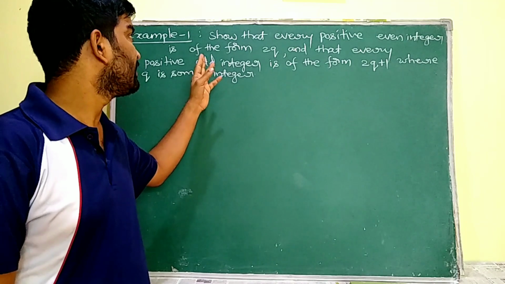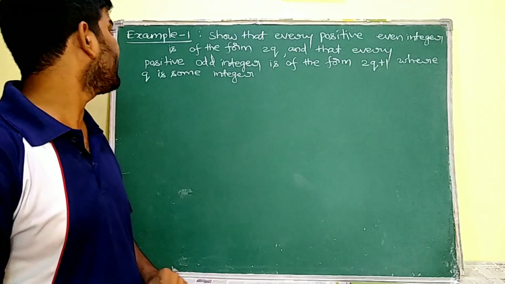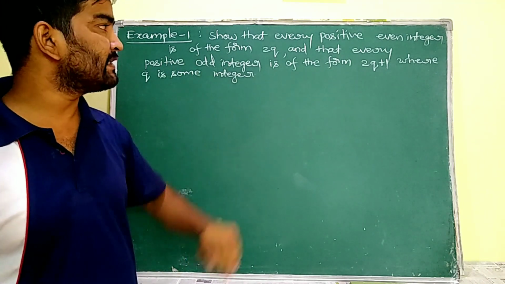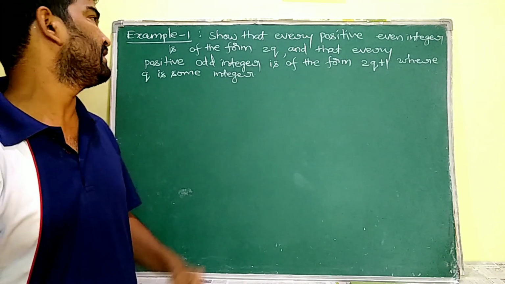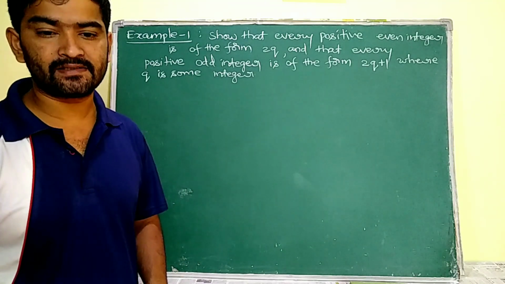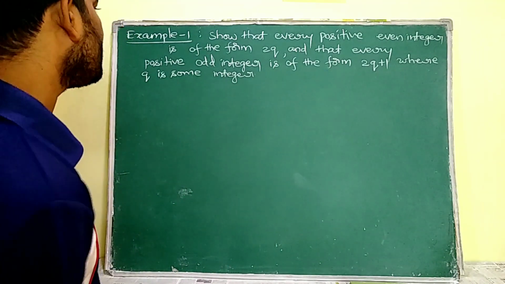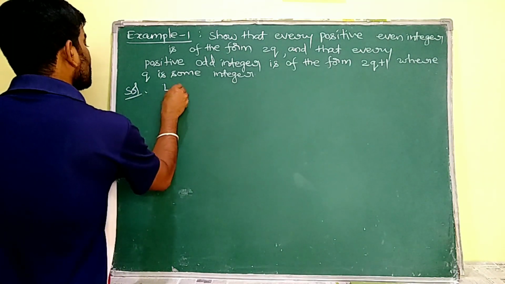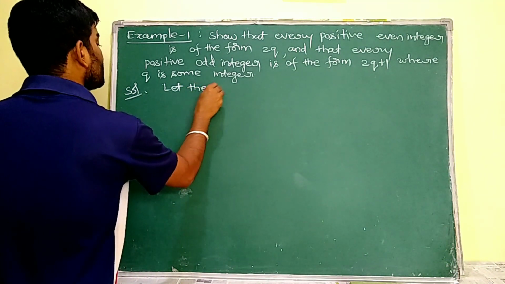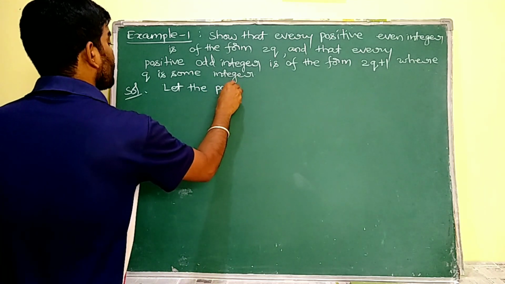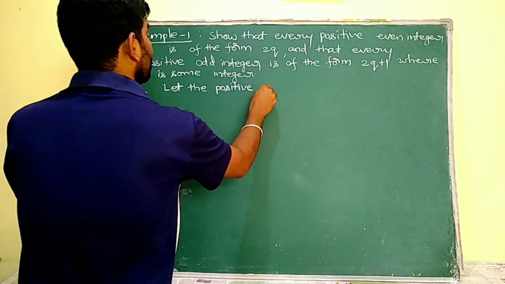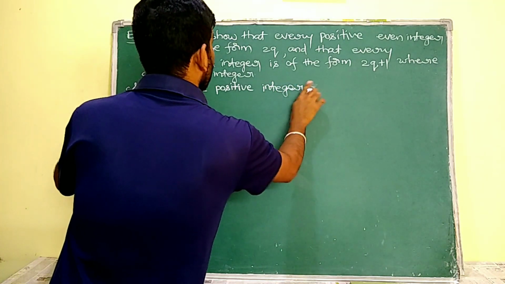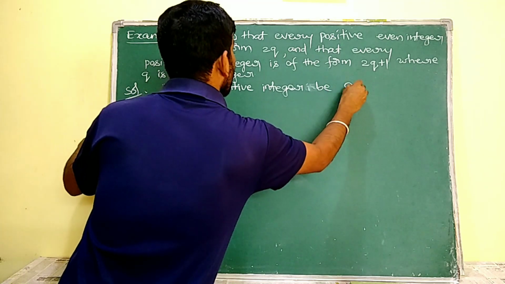See example 1. Show that every positive even integer is of the form 2q and that every positive odd integer is of the form 2q plus 1, where q is some integer. For that, firstly we have to assume the positive integer. Let the positive integer be a.